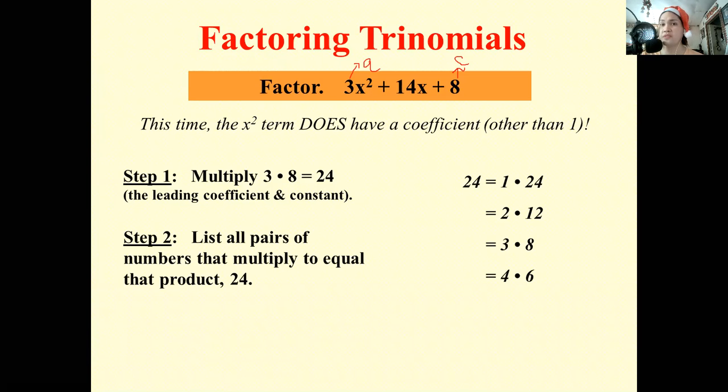So which one gives you a coefficient of 14 when you combine them? Is it 1 and 24? Remember, your middle term has a numerical coefficient of 14. So this one is rejected because 1 and 24 will give you 25. This one, 2 and 12.